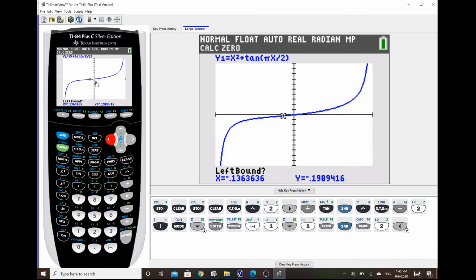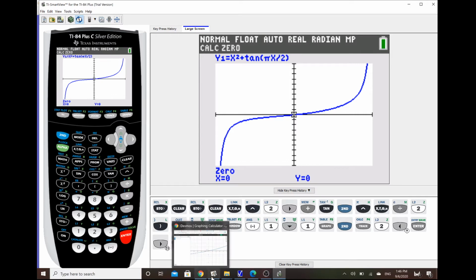So the left bound is somewhere down below the x-axis, and the right bound is somewhere right above the x-axis. The reason I put it this way is because this is an increasing curve. So the left bound is down below the x-axis and the right bound is right above it. Now press enter one more time. And here we go: (0, 0).